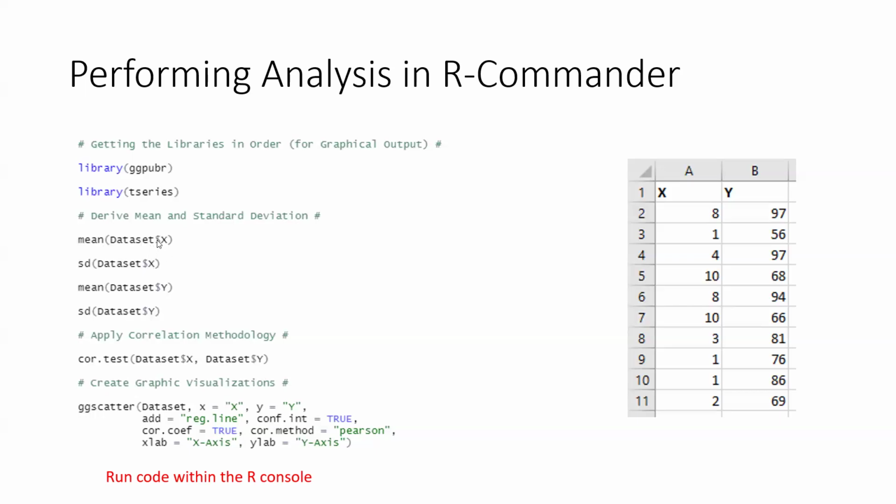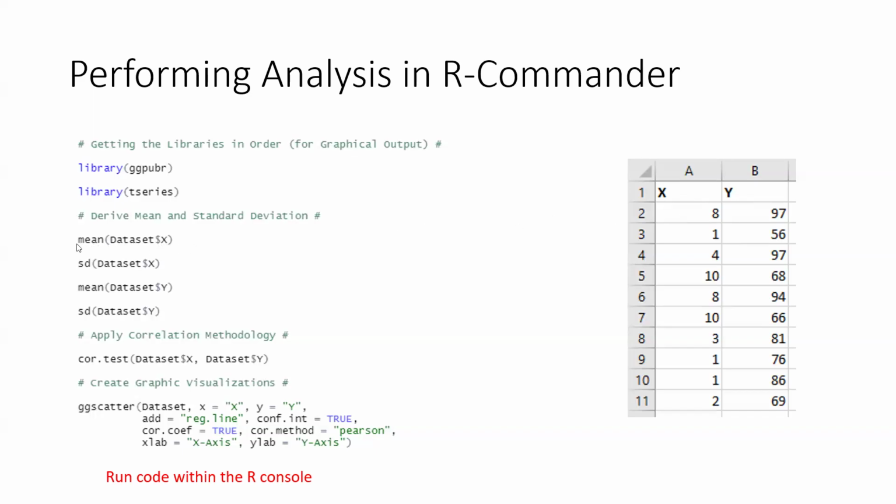The dollar sign is referring to the variable within the dataset. So our dataset's named Dataset, and our variable is named X. If this was named var1, it would be Dataset$var1. If our variable was named var1 and our dataset was named pencil, it would be pencil$var1.